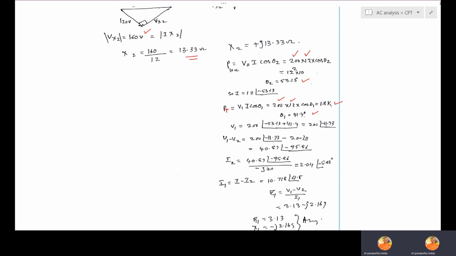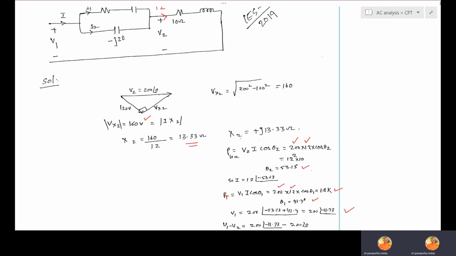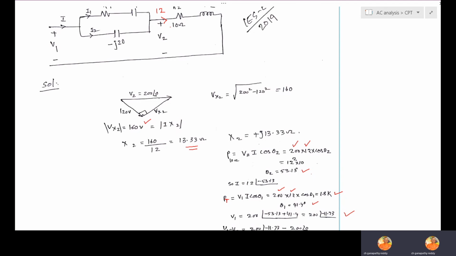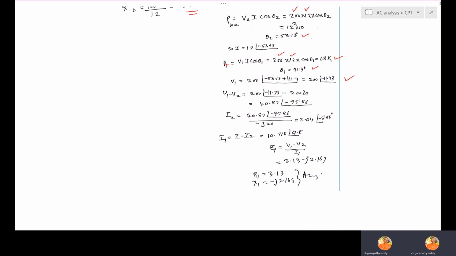Theta 1 is 41.4 and theta 2 is minus 53.14, so adding them gives the total angle. This is V1. Then we find V1 minus V2.